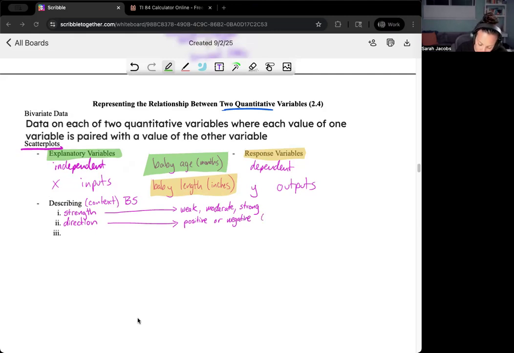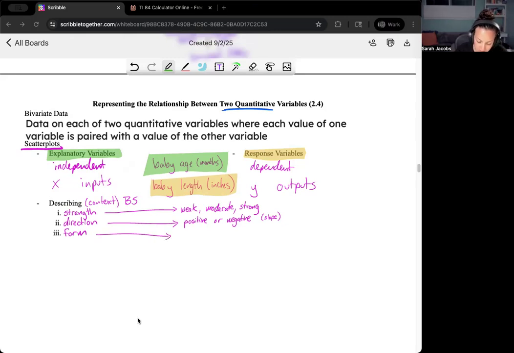Strangely enough, for AP stats, we really just focus on linear relationships. A lot of different types of relationships won't have a constant slope per se, but there could still be a very strong relationship. We're not really that interested in those for AP stats, but they're super interesting for actual real world modeling. And so that takes us to our third component: strength, direction, and then form.